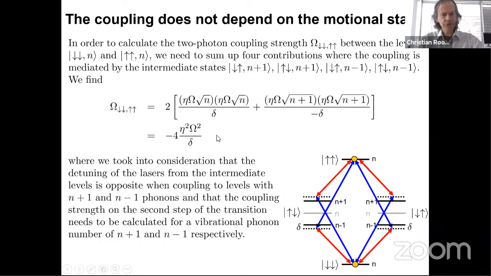That is an interesting feature because it means that you don't need super good ground state cooling in order to have a well-defined coupling strength. So if in some cases the ions end up in the first excited motional state, you still should have the same coupling strength. From an experimental point of view, that's a strong advantage.